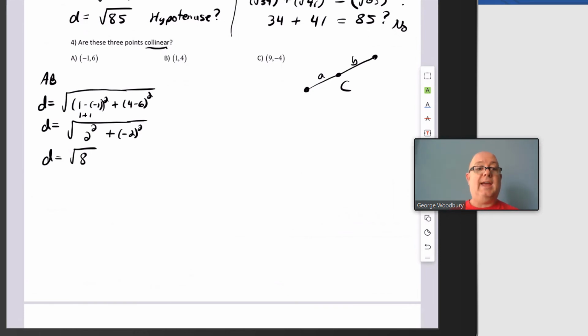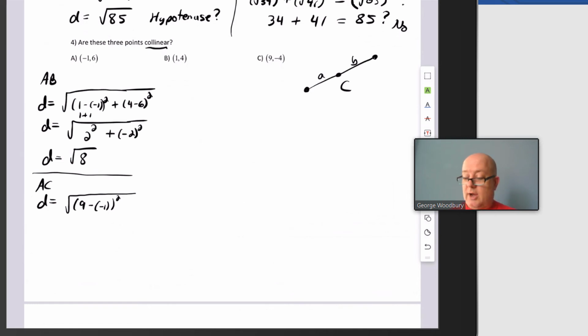Now let's do AC. I'm going to write this right underneath that. For AC, now we're using -1, 6 and 9, -4. So it's the square root of the second x-coordinate, 9, minus the first one, -1, quantity squared.